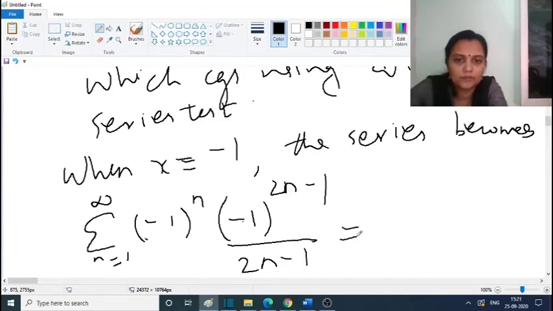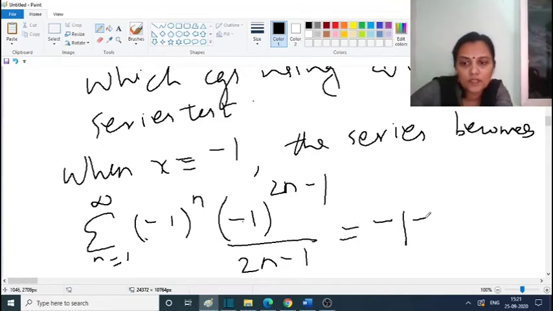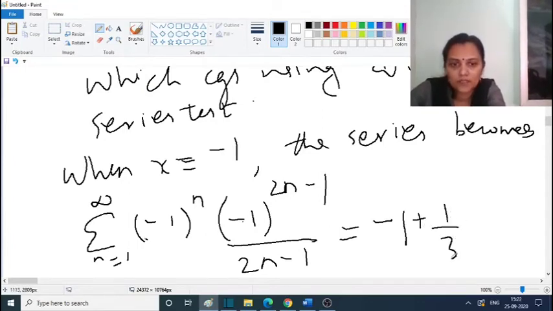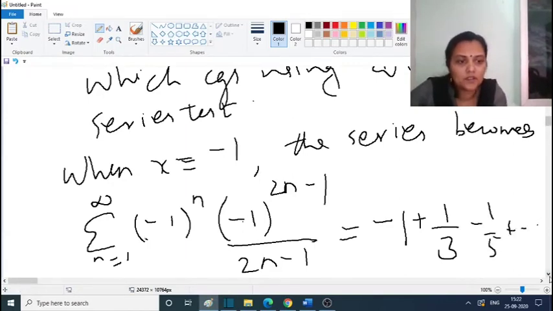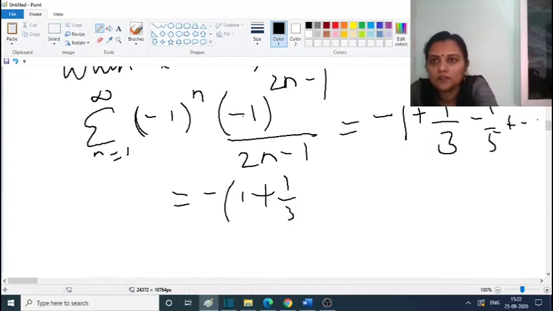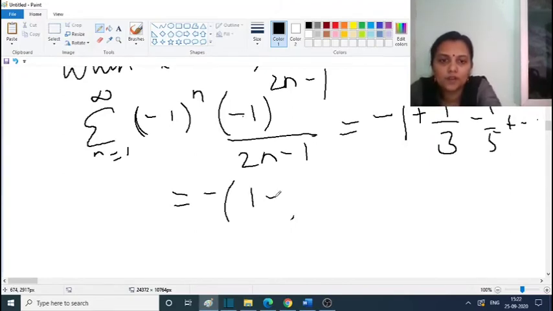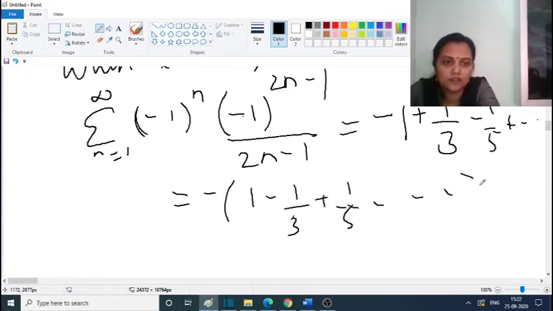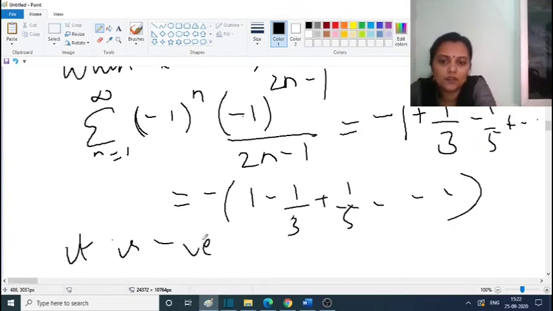This term is negative, this is plus 1 by 3 minus 1 by 5 plus etc., which is equal to the negative of the alternating series, so it is also convergent.